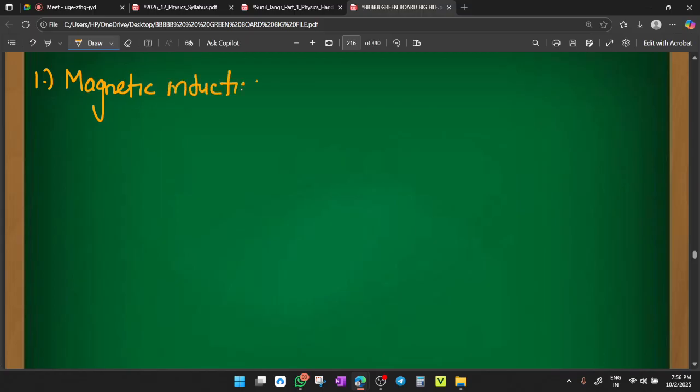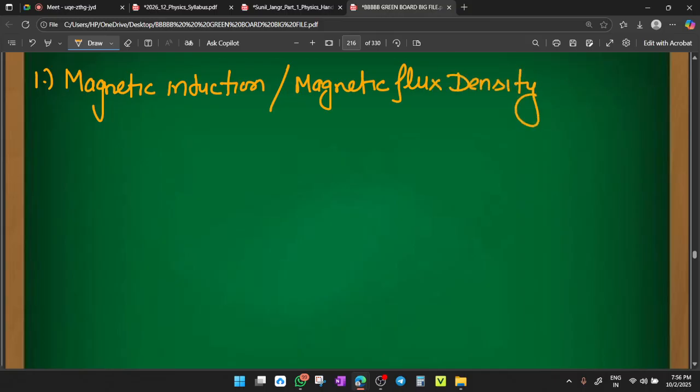It is also called magnetic flux density. Magnetic induction and magnetic flux density are denoted by B. B is equal to the magnetic flux per unit area.